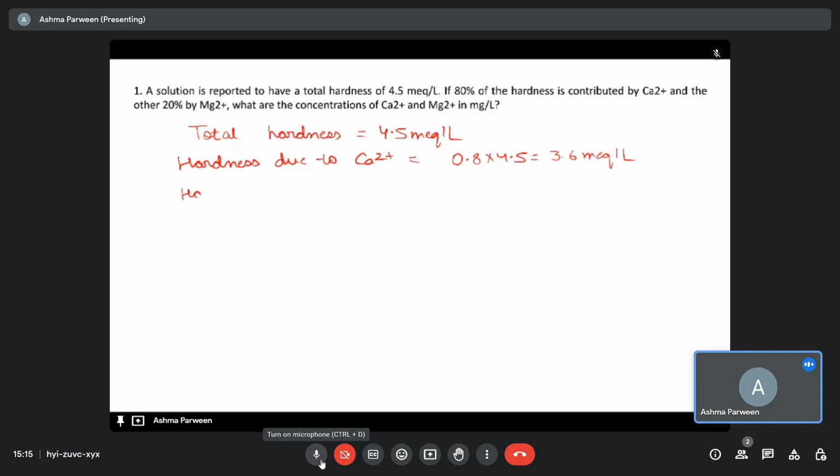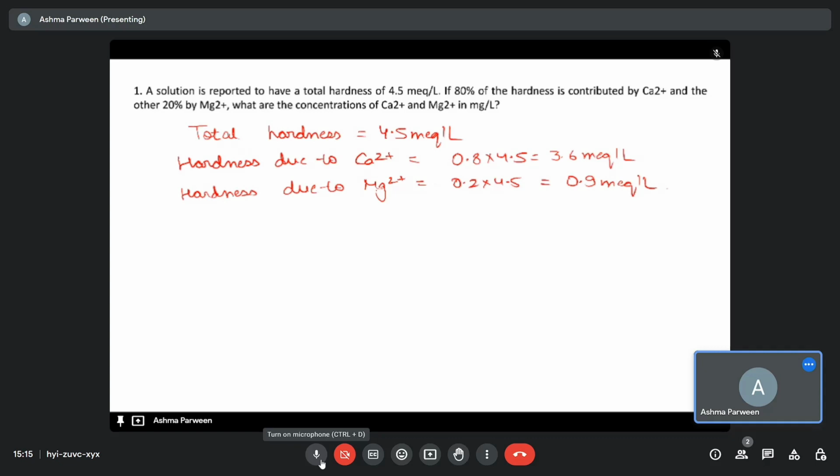And hardness due to magnesium is 20%, that is 0.2 into 4.5, which is 0.9 milliequivalents per liter. Now we have found out how much hardness is due to calcium and magnesium. Now we have to simply convert the milliequivalents into milligrams per liter.